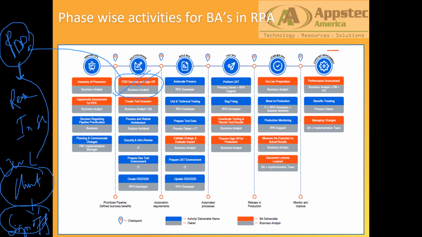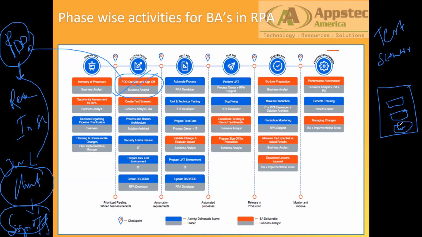At times what happens is, when the solution designing happens, parallelly we create test scenarios as well. What is a test scenario? If the client wants to know any specific activity or attribute of the RPA bot, they will create a test scenario. Let's say the RPA bot needs to log into a web application where you have to enter the username, the password, and click on the submit button.